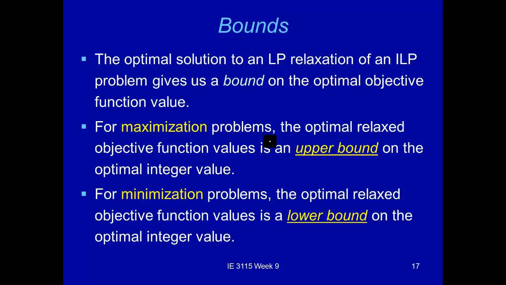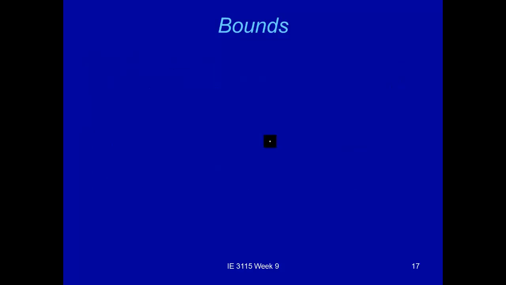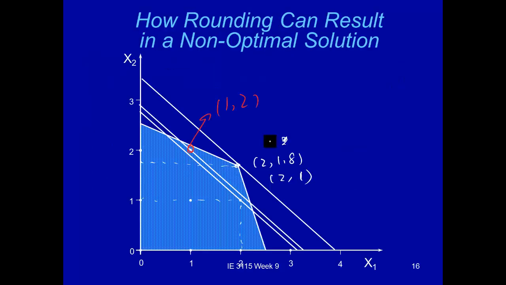So in other words, the LP relaxation's objective function value will always be better, if not the same, as the ILP solution's objective function value. Okay, and this should be understandable if we just use those examples here.